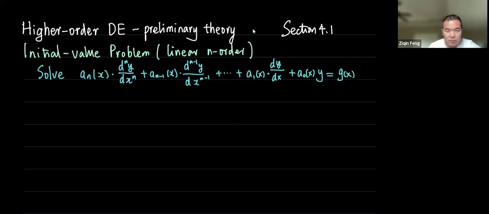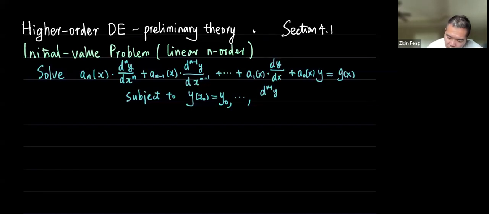We also have a standard form: if you move all the terms that don't contain the nth derivative to the right side, then divide. We have a bunch of initial conditions, subject to some restrictions: y of x0 equal to y0, all the way to the (n-1)th derivative, d^(n-1)y over dx^(n-1), and plugging in x0, you get y_(n-1).